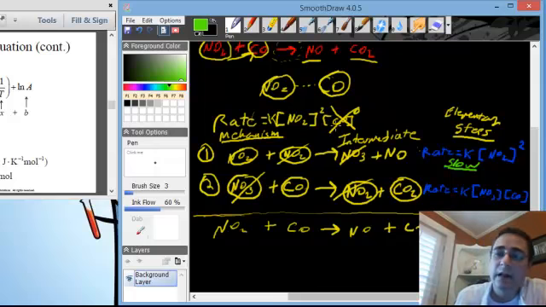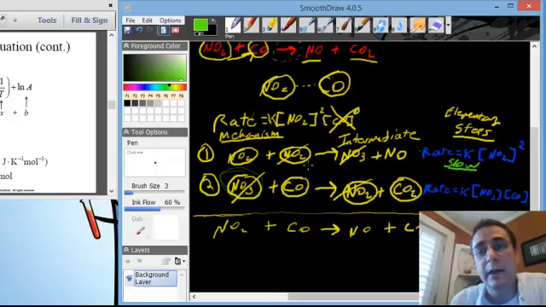In other words, adding carbon monoxide has no effect on the rate because it doesn't matter how much carbon monoxide I have. It can only be used up as fast as I'm creating NO3, right? And NO3 is being created by the first step, which is slow. It's the bottleneck here, right? The process can only be as fast as its slowest step.